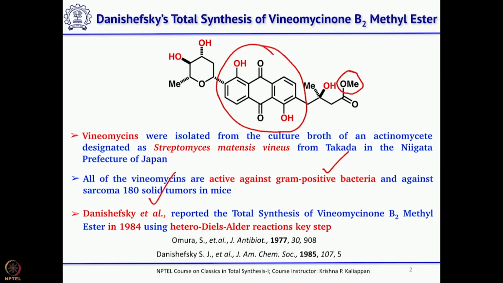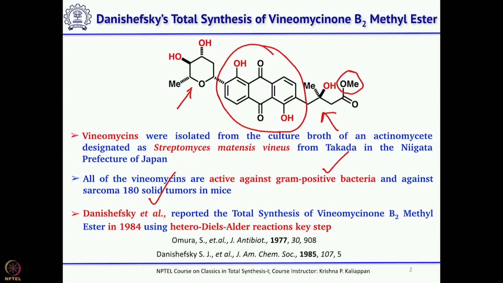The two syntheses which we are going to talk about today are from Danishefsky's group and Tius group. Danishefsky synthesis used a very interesting hetero Diels-Alder reaction to construct this dihydropyran ring, and they also used a Claisen rearrangement to introduce the side chain on the right hand side.